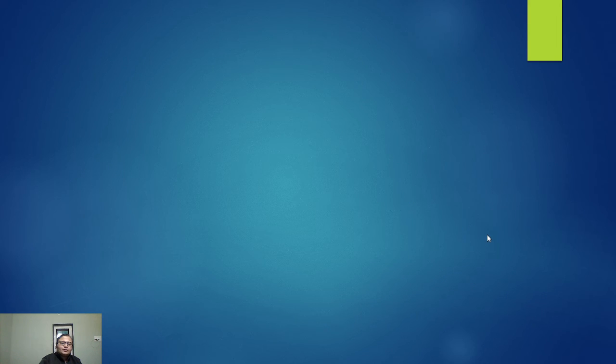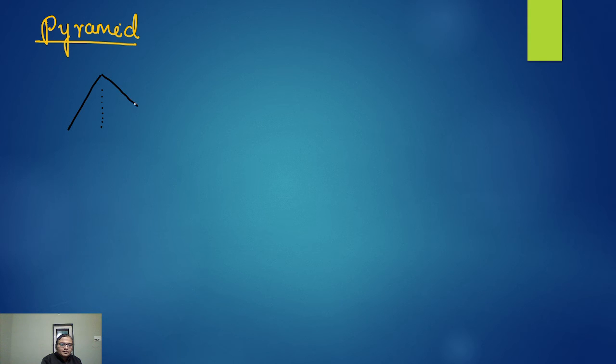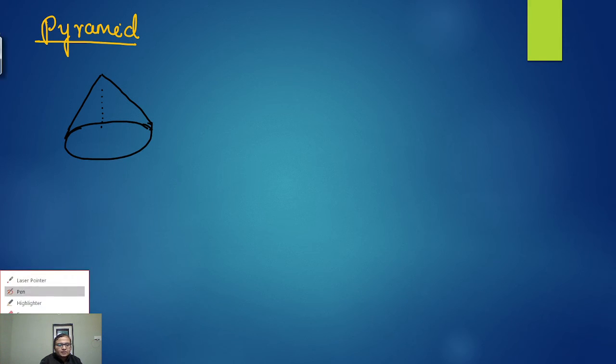Next we will be doing the cone. The cone is triangular in shape and it has a base which is circular in shape.